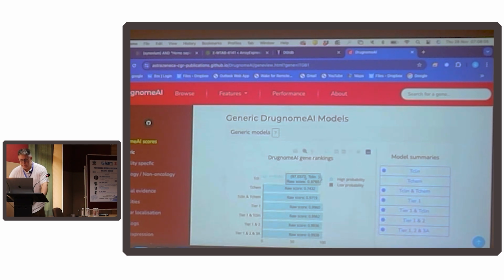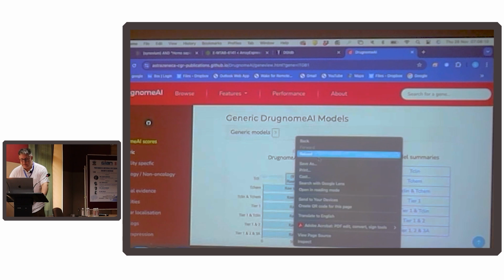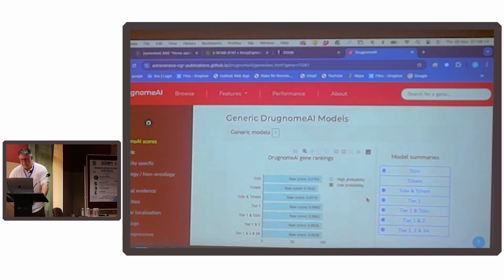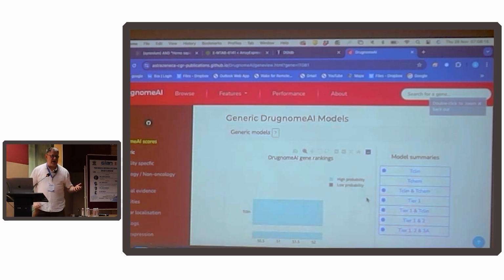Let's have a look. Can I right click on that? No, I can't open that. But I can look at that in maybe ChEMBL or DGIdb, because DGIdb is doing that function primarily.